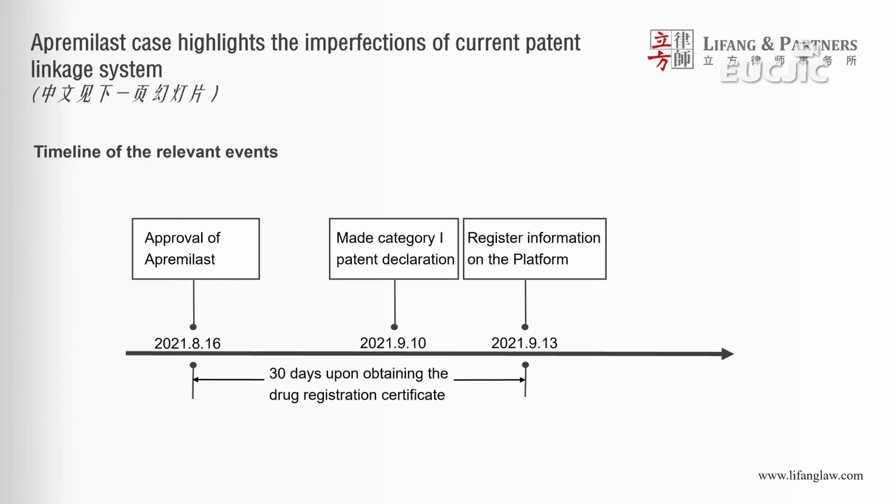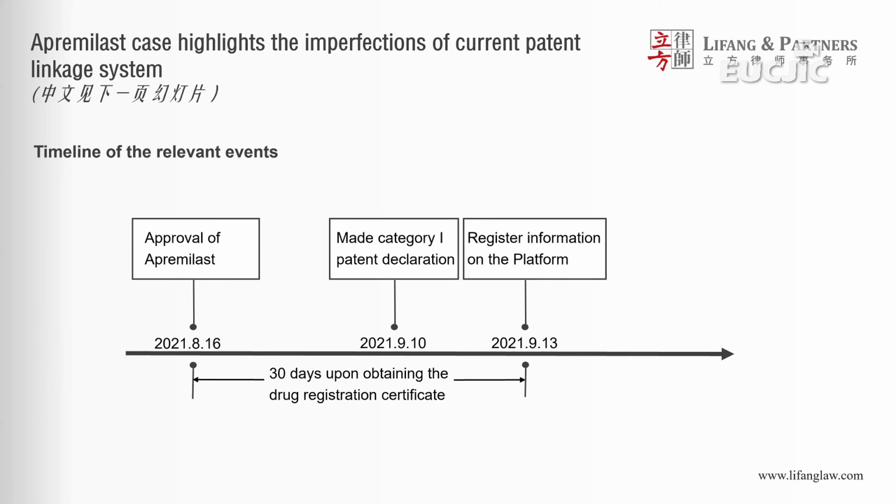You see, on August 16, 2021, the drug was approved for the China market. And as I said, within 30 days, the MAH has the obligation to list the patent on the registration information platform. So here, on September 13, 2021, the MAH lists the 2 patents on this platform.